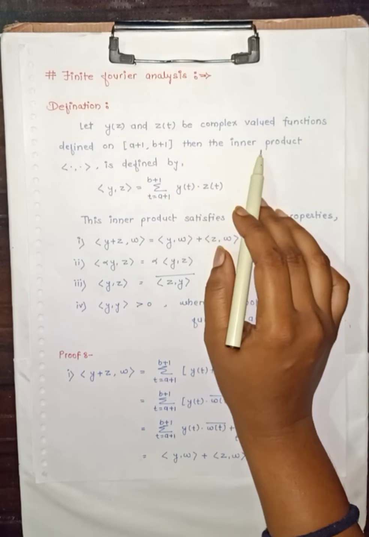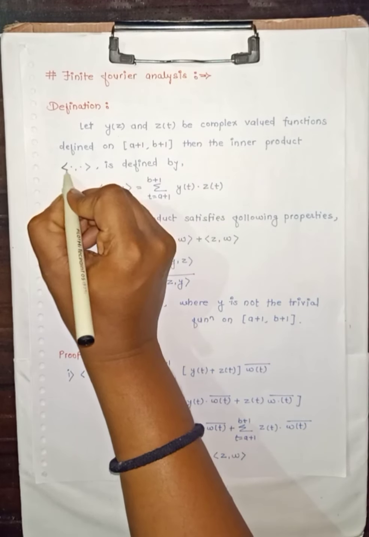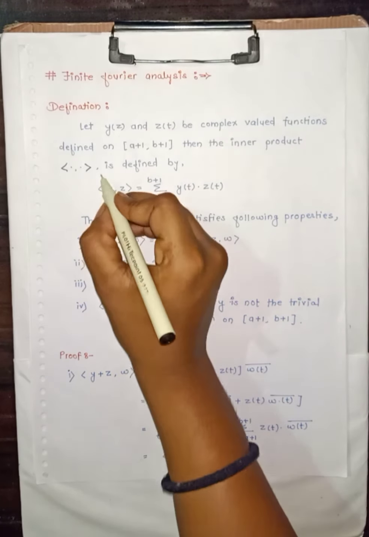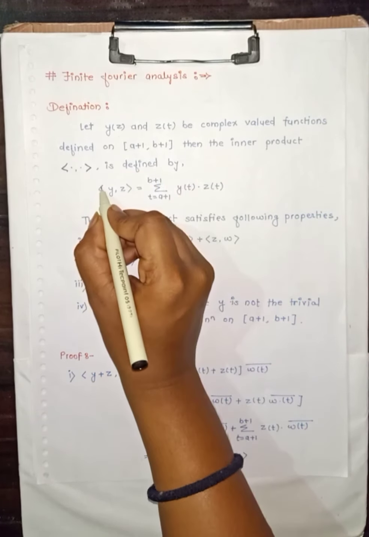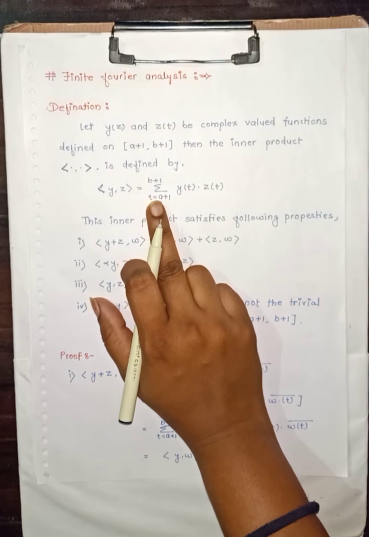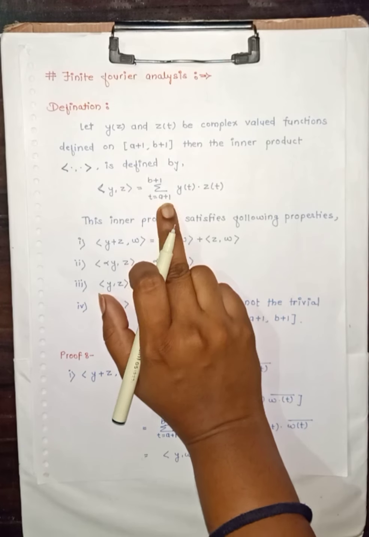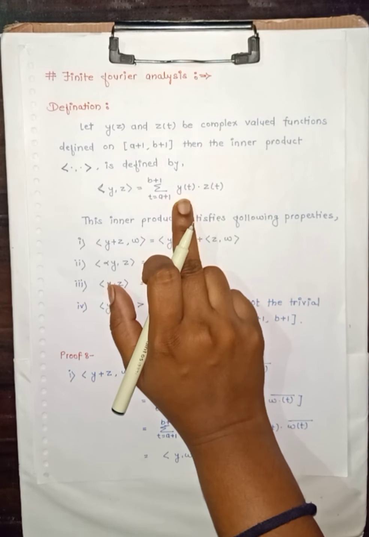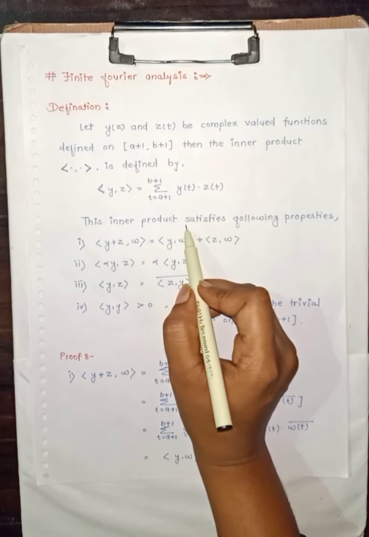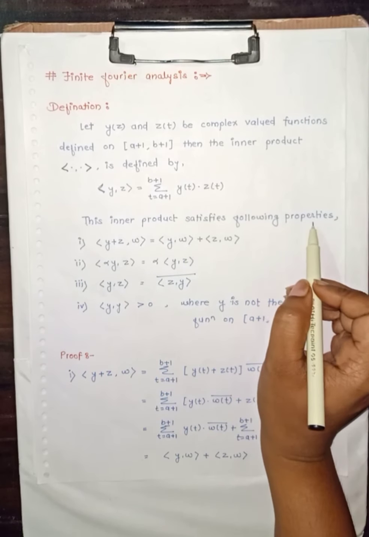Then the inner product, you all know the sign of the inner product, is defined by inner product of y z equals summation over t from a plus 1 to b plus 1 of y of t into z of t conjugate. Then this inner product satisfies the following properties.